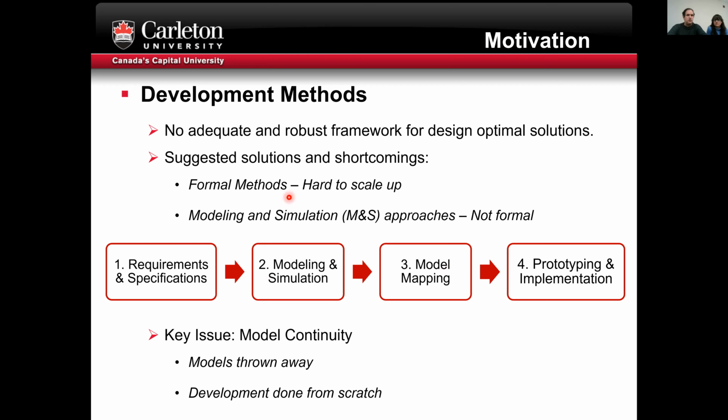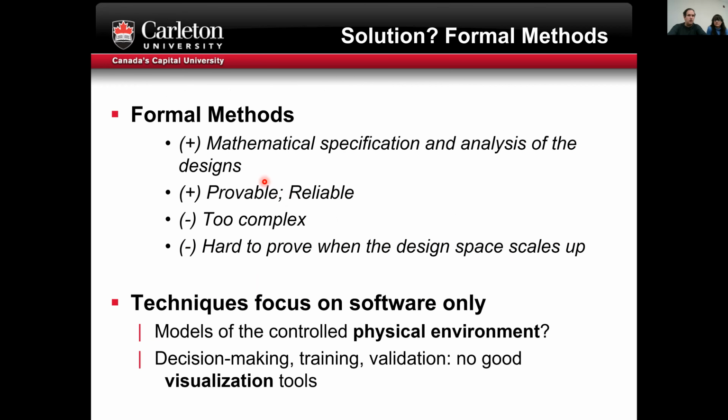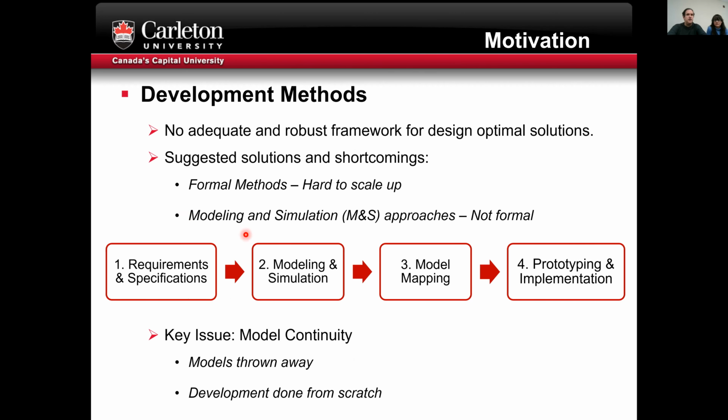And this step is not formal, so we have lost all of the good advantages of the mathematical specification and the proofs. So this includes a new layer of work that needs expensive and costly software to be developed. And then you end up with prototyping and implementation, yet another round of different software artifacts to make this happen, right?